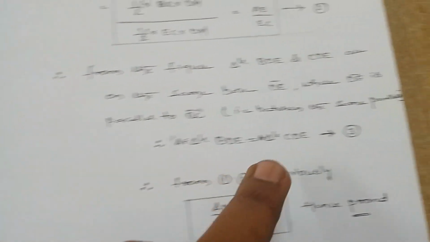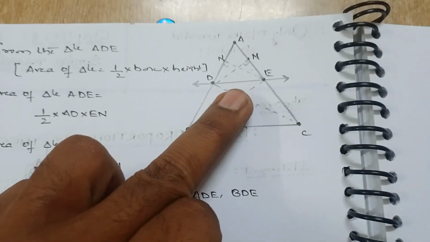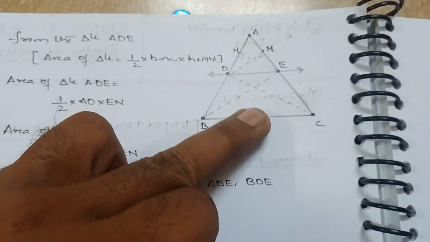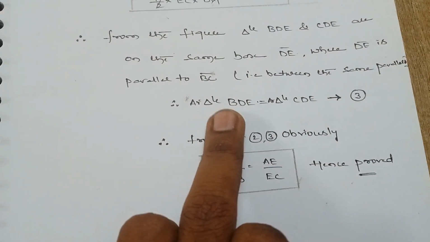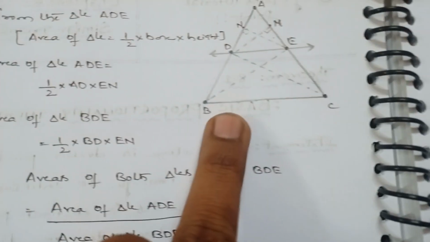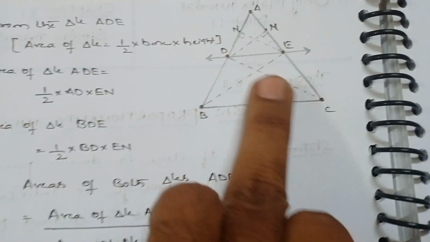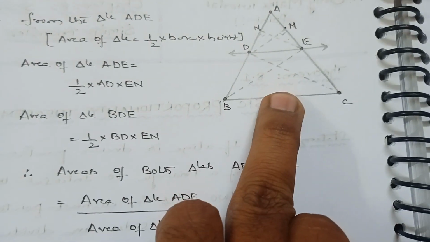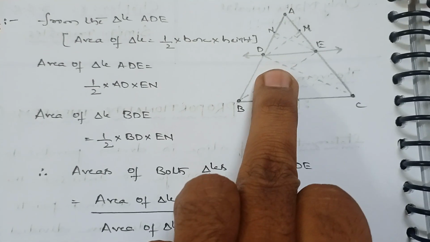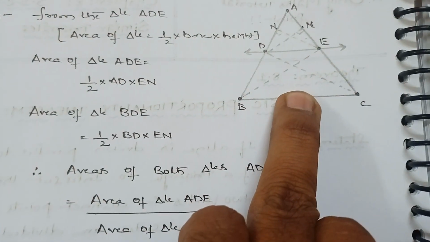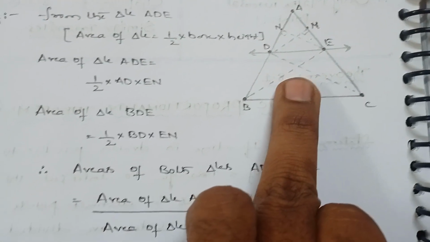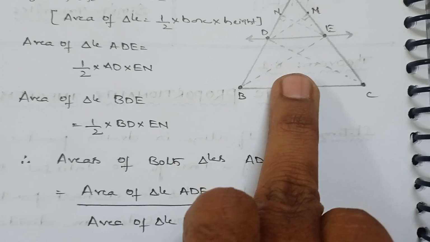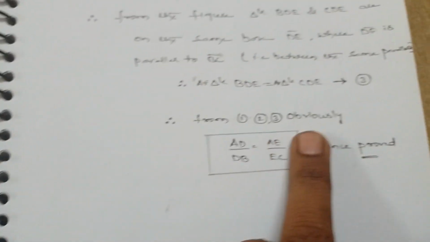The triangles are lying between these two parallel lines. Yes or no? Therefore, take it as equation 3: triangle BDE is equal to CDE. Why equal? Since these triangles are on the same base and lie between two parallel lines, the triangles are equal in area. Keep it as equation 3.